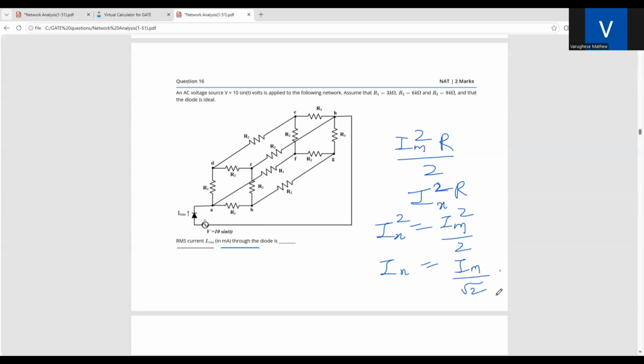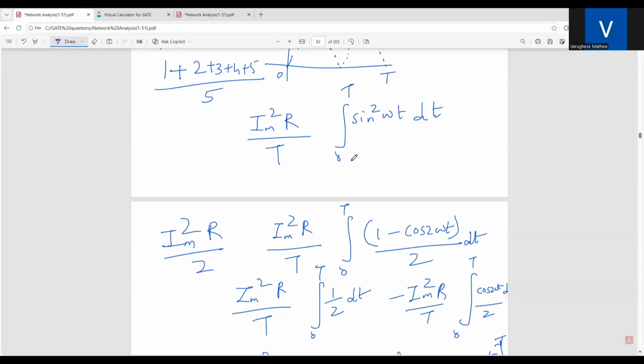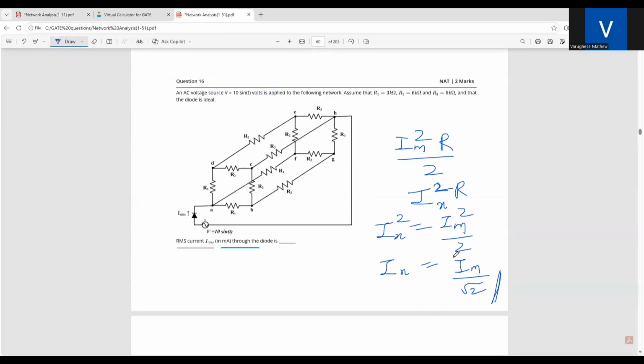So what I did here was, I am taking the root of the average of the square. I squared r, I'm squaring. So that is why I find the root mean squared.